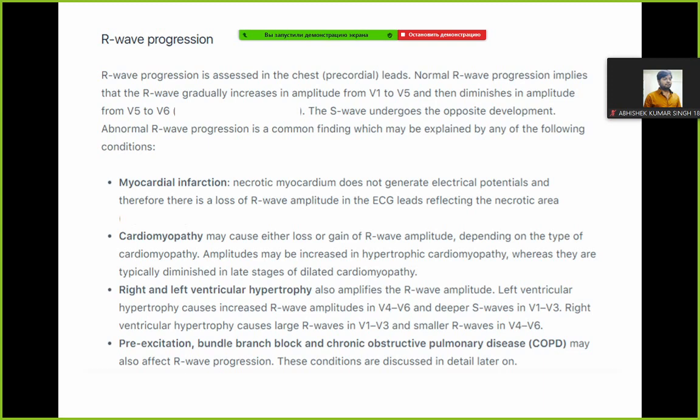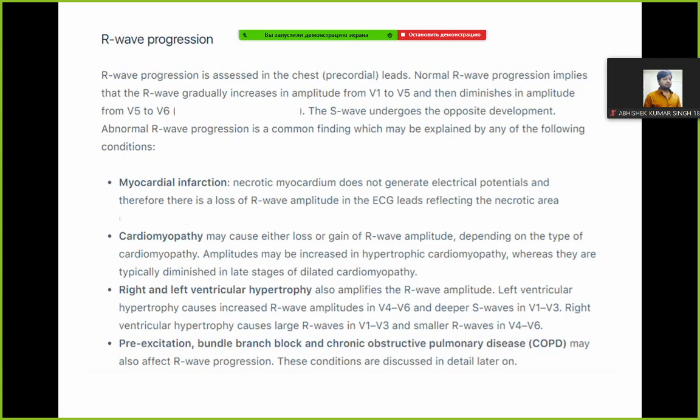Abnormal R wave progression is a common finding which may be explained by any of the following conditions. First, myocardial infarction. Necrotic myocardium does not generate electrical potentials, and therefore there is a loss of R wave amplitude in the ECG leads reflecting the necrotic area.